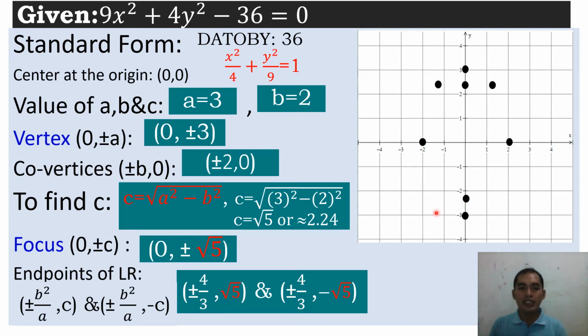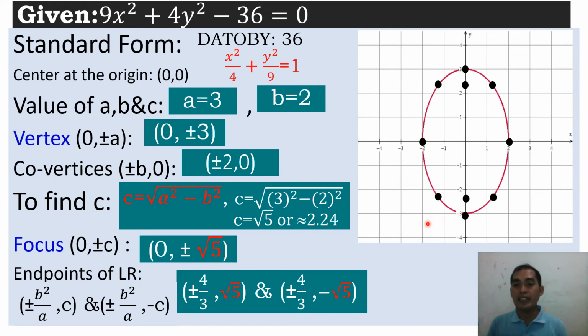And the endpoints of the latus rectum, so we have 4/3, square root of 5, and 4/3, negative square root of 5. Then after that, connect the endpoints of the latus rectum, the co-vertices, and the vertices to form an ellipse.